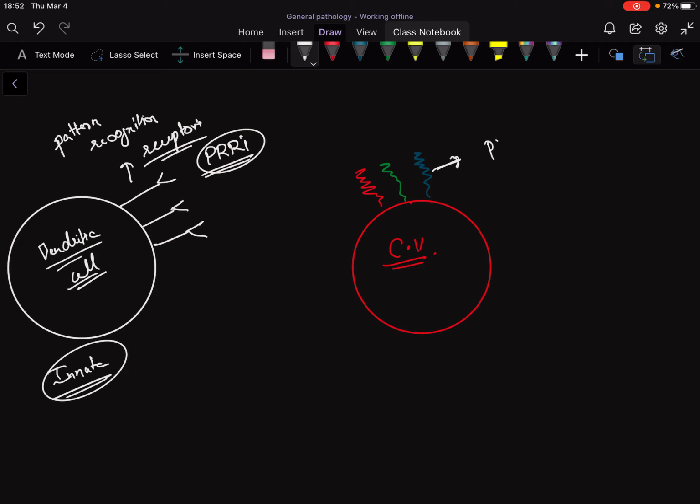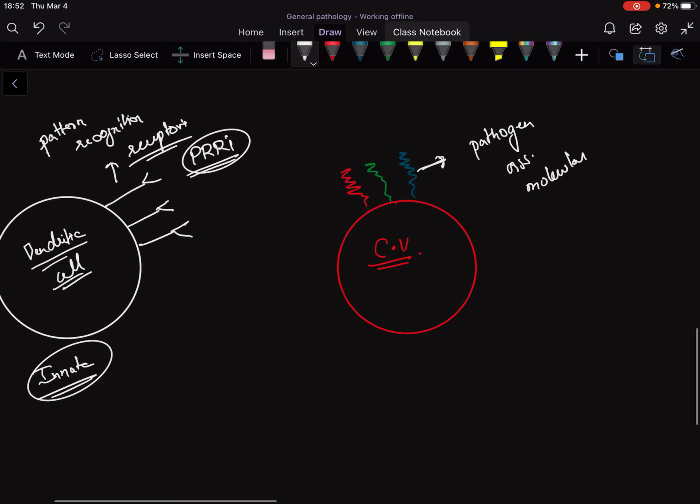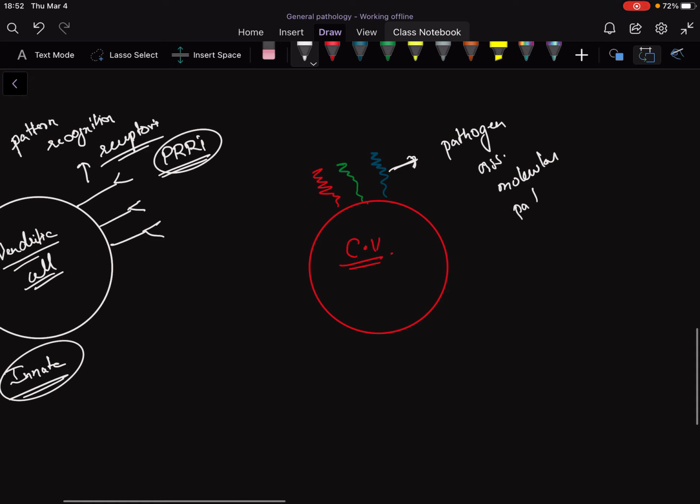These are called pathogen associated molecular patterns, or PAMPs.